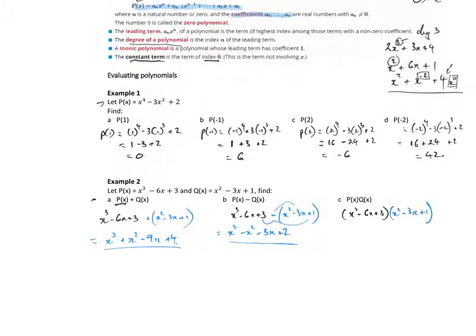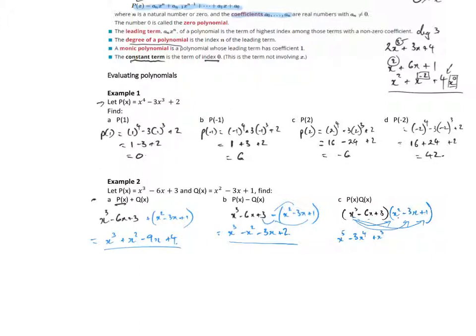So one at a time. Let's do x cubed times everything. x cubed times x squared, add the indices, 3 plus 2 is 5, is x to the 5. x cubed times negative 3 is minus 3x to the 4. x cubed times 1 is plus x cubed.